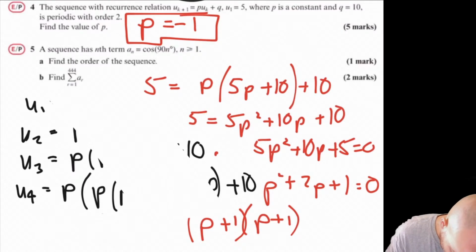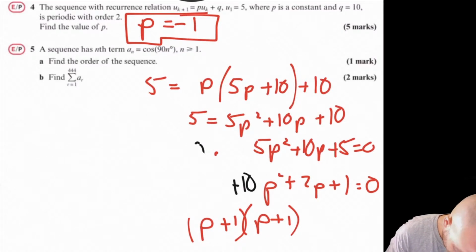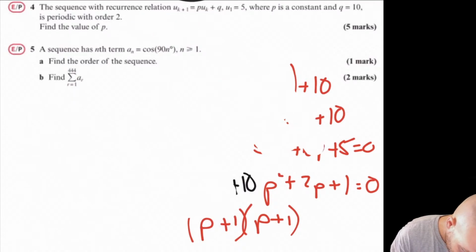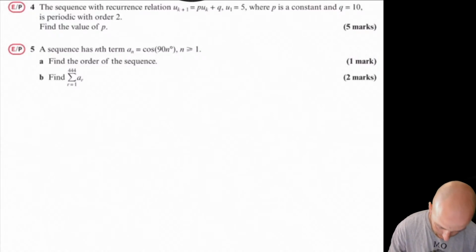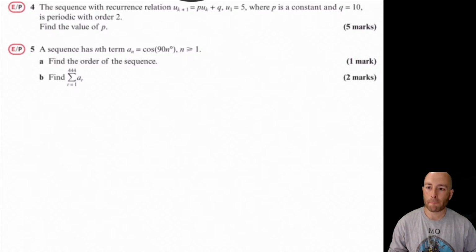All right, I'll give you guys a couple minutes to do the next one. So this one's going to be in degrees, so you can see the little degree symbol there. Make sure your calculator is actually in degrees. Find the first few terms, work out the order, and then see how you're going to do part B. I'll give you guys 3 more minutes to try and do that.